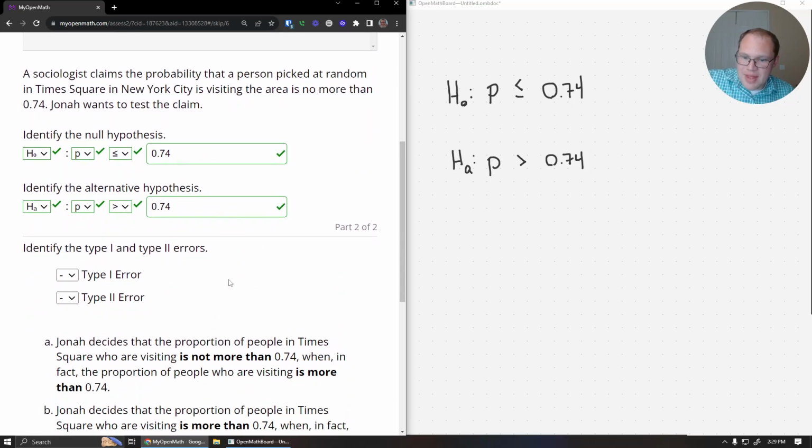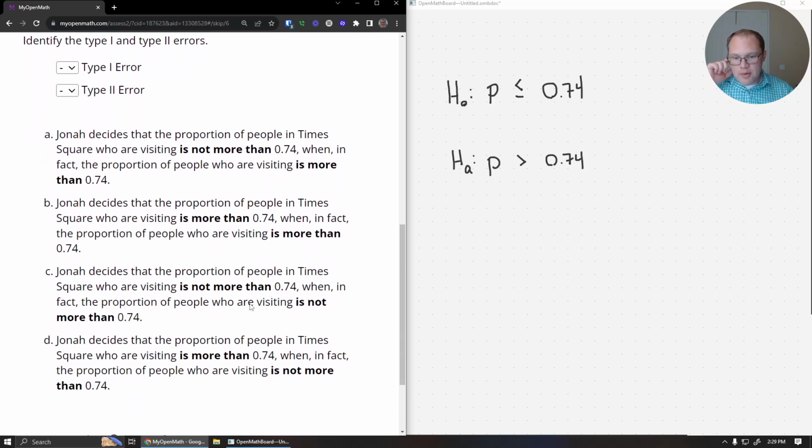Now that we have that down, we need to identify the type 1 and type 2 errors. Okay? Now we've got a lot of statements here. So let's first identify what the actual errors are. Okay? So notice there's some keywords that are in bold here. So Jonah decides that the proportion of people in Times Square who are visiting is not more than 0.74, when in fact the proportion of people who are visiting is more than 0.74.